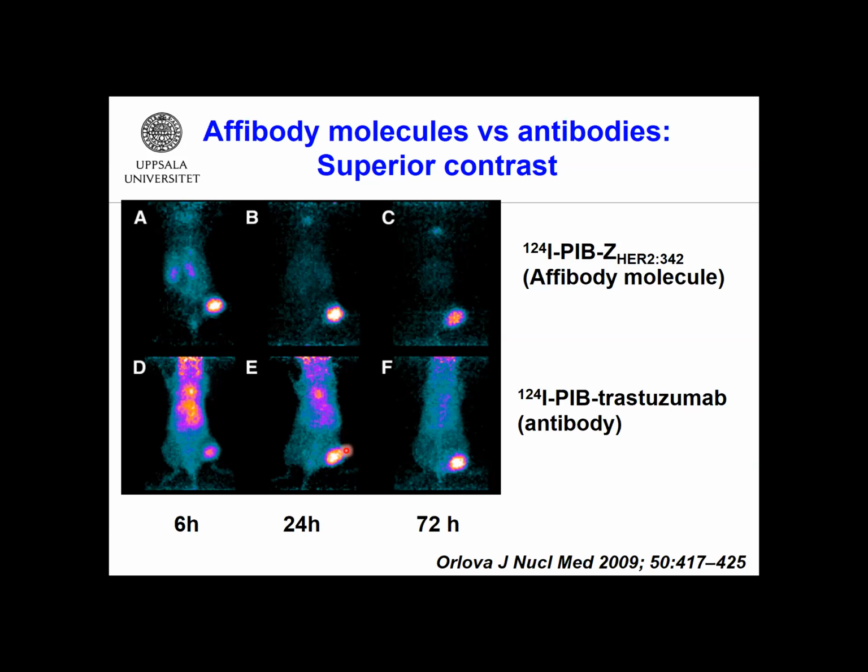So even at 24 hours, the contrast was not good, and in mice, it requires 3 days to produce an image with reasonable contrast. With Affibody, we managed to do it 6 hours after injection.